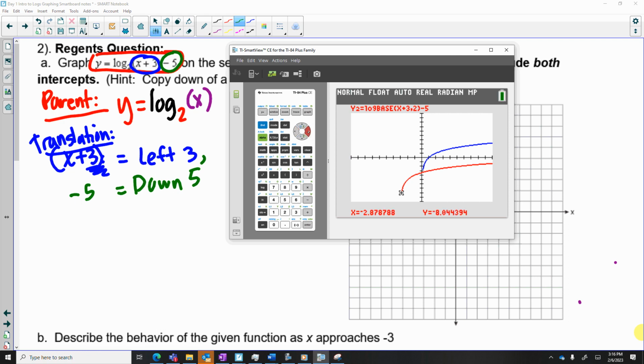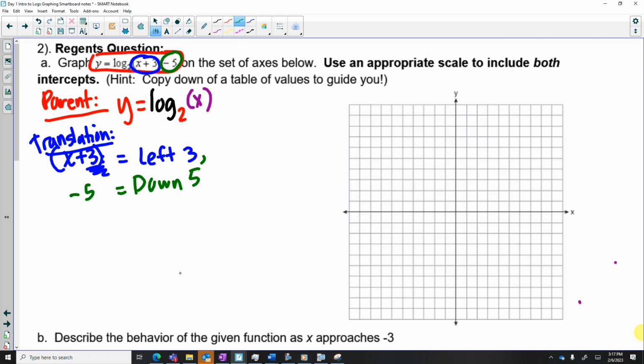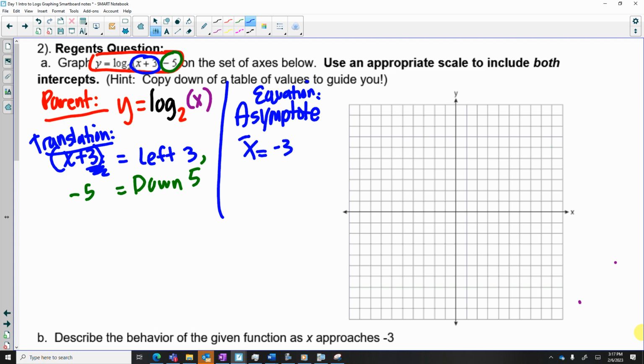That's where the asymptote is, okay? So I do want to write down that the asymptote of the new transformed function is now x = negative 3, because it went to the left 3 units because of this shift. The down 5 doesn't make a difference with respect to the asymptote.